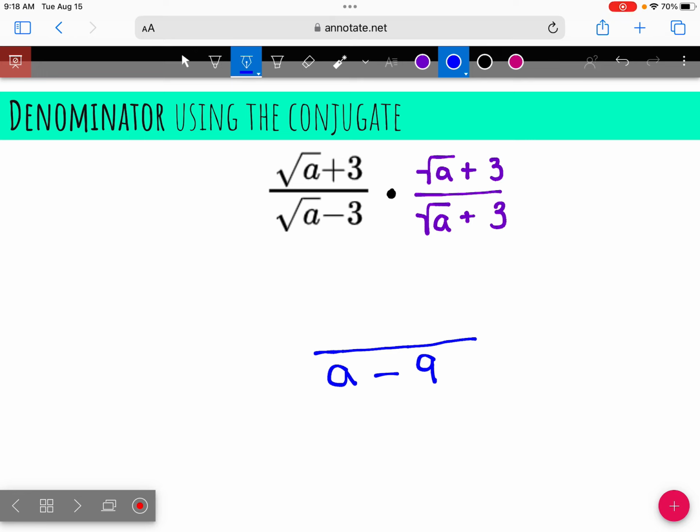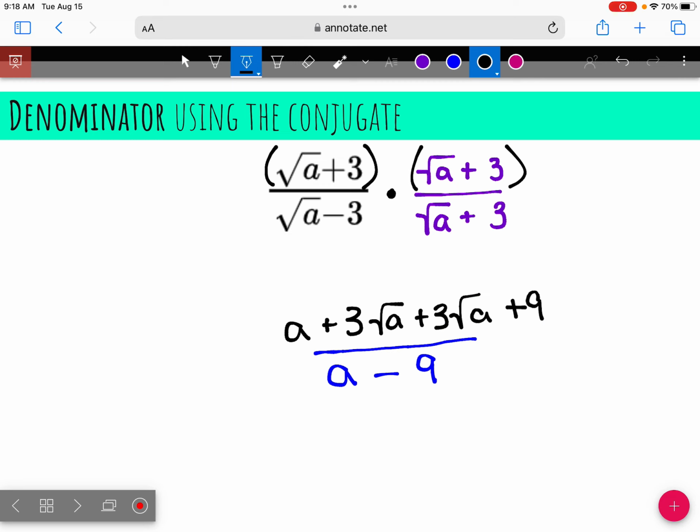Our top one, our numerator, is regular distribution. And it's going to be not pretty, but it's a thing. So square root of a times square root of a gives us a. Oop, that's wrong.